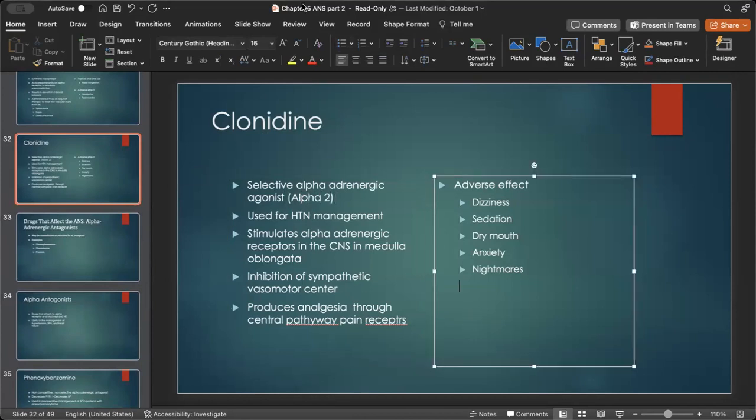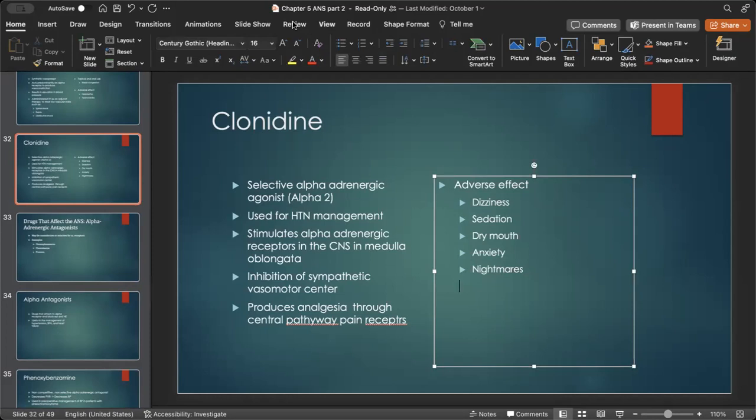If it works on alpha 2, it would treat hypertension because it can lower blood pressure by blocking norepinephrine. So it blocks that sympathetic response. I apologize if I was confusing before. But since it works on alpha 2 and blocks norepinephrine, we're blocking sympathetic responses, so we're going to be able to treat hypertension. So this drug treats high blood pressure.